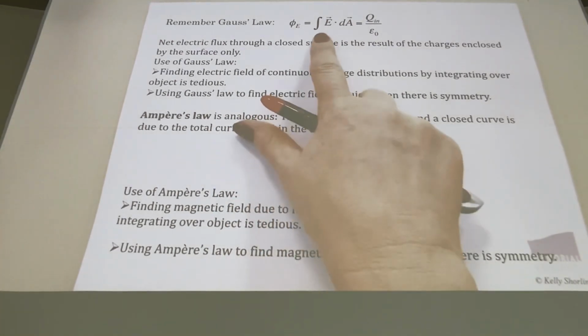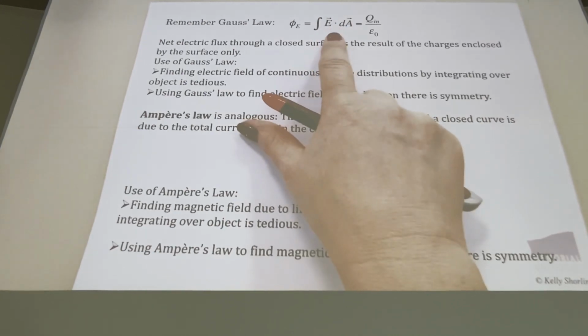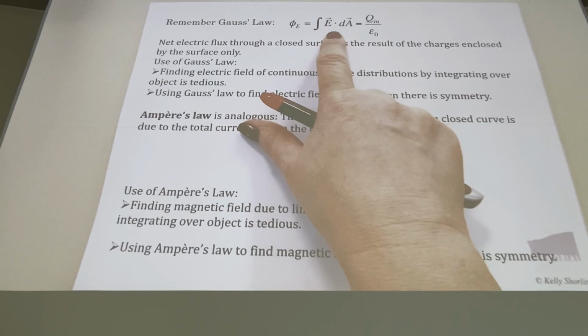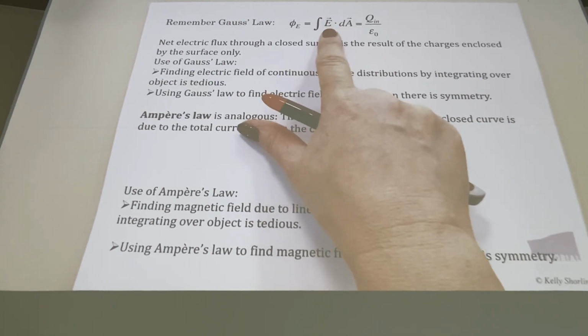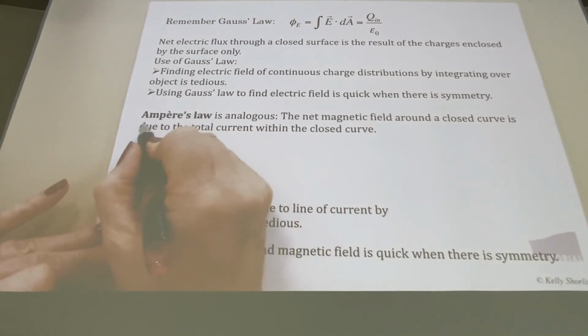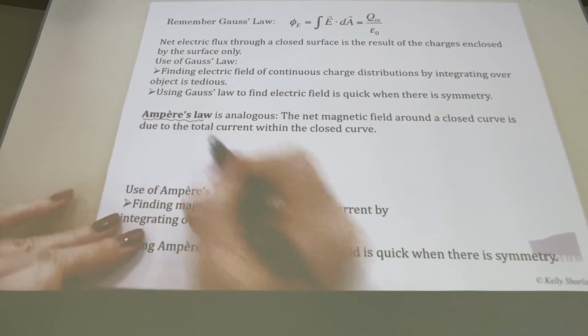As long as we were able to do this integral, right, as long as it wasn't too hard, something along a line, something along a circle or a cube, we can do those integrals, and we were able to find electric fields. We have a similar thing in magnetic fields, and that's called Ampere's law. So we're going to get into Ampere's law next. And so Ampere's law is our next bit.